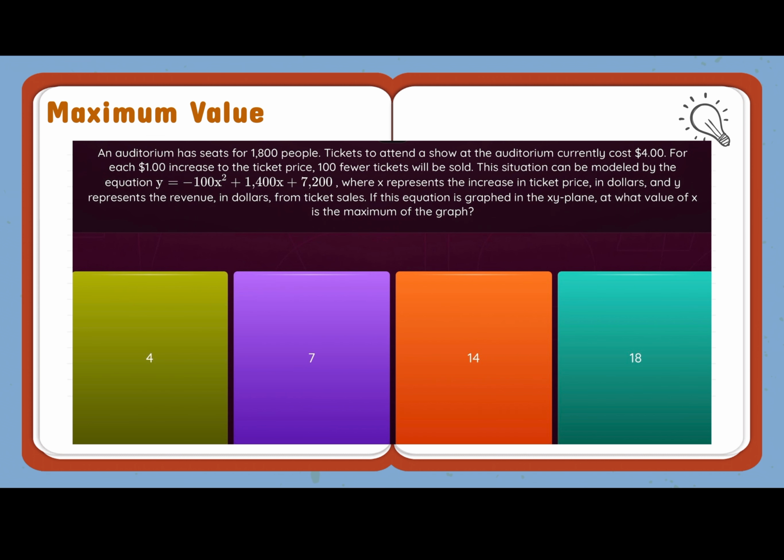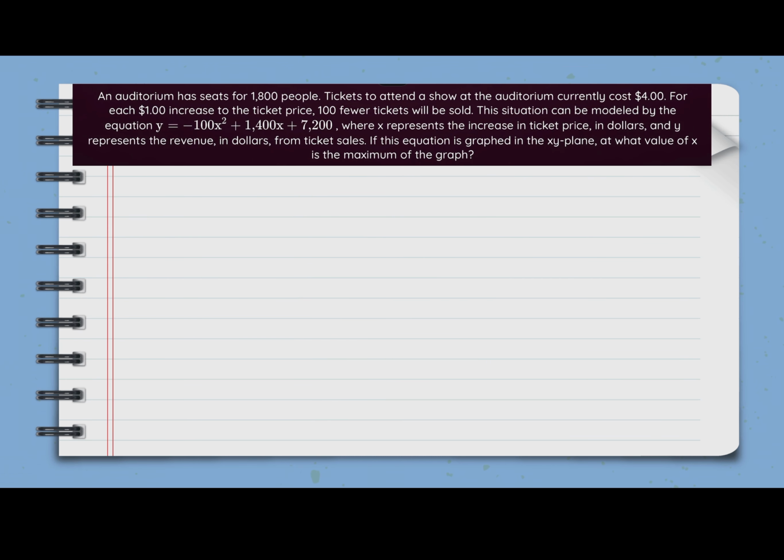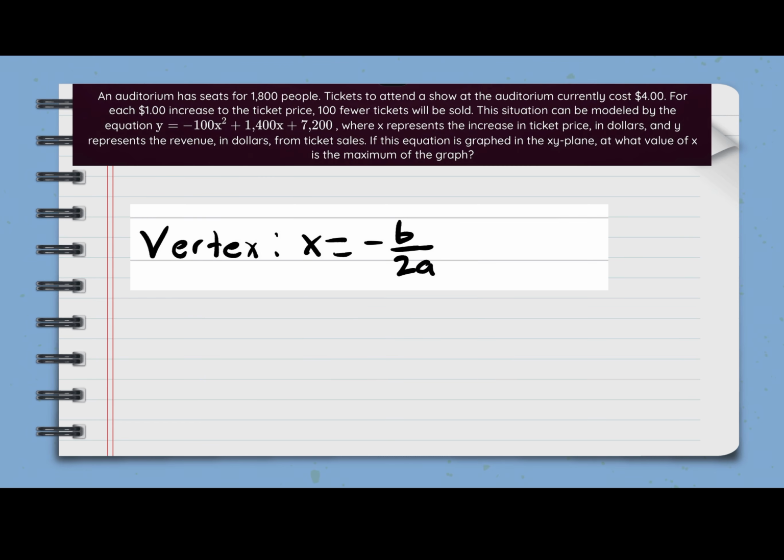Okay, this question is that maximum value question I was explaining earlier. This question has a whole lot of fluff. You don't really need to know the context, but we do need that y equation. Now, you can, again, just plug it in, or you can use the vertex formula as well. Both work.